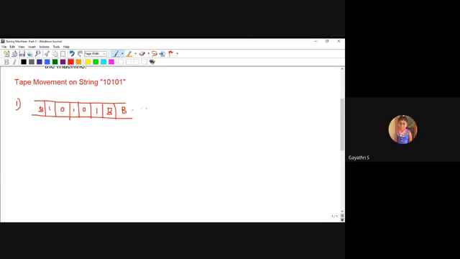So this is the initial tape, and your tape head points to the first input alphabet 1. Next, as per the procedure, if you are reading 1 you convert 1 into 0. So it comes like this: 1 is converted into 0. Keep the remaining part as it is.